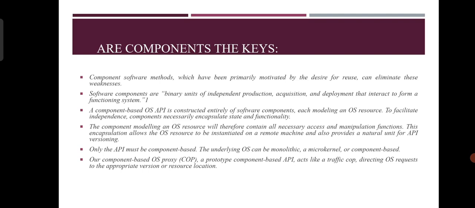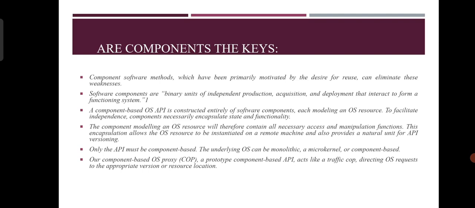Are components the key? Component software methods, which we have been primarily motivated by the desire for reuse, can eliminate this weakness. Software components are binary units of independent production, acquisition, and deployment that interact to form a functioning system.